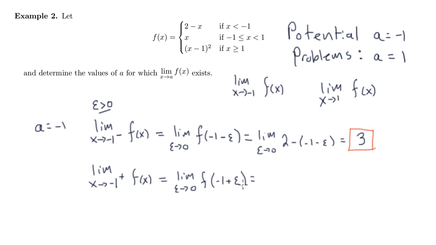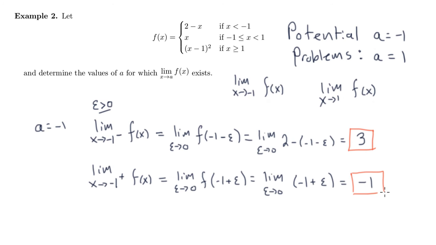And now if I add a small positive number to -1, I'm going to be a little bit larger than -1, which puts me in this middle definition of the function. So this is just the limit as epsilon goes to 0 of -1 plus epsilon. But here again, I can just plug in epsilon going to 0, and I get -1.